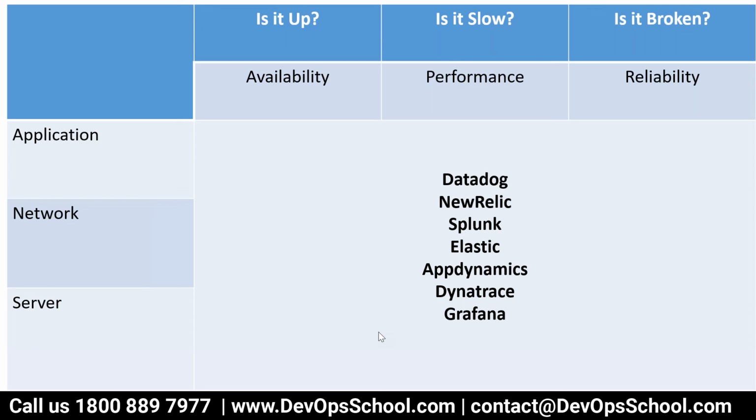Now it's into everything. Splunk was into log analysis. Now it's in everything. New Relic was into APM. Now it's in everything. And Datadog was into infra and cloud monitoring. Now it's in everything. So over the last few years, they have transformed themselves to give you the complete features of observability.